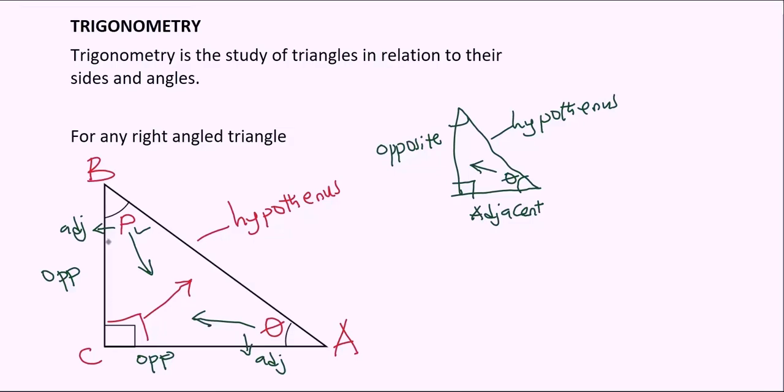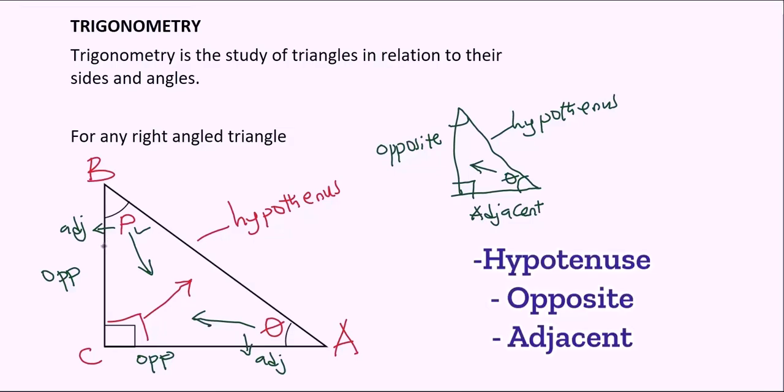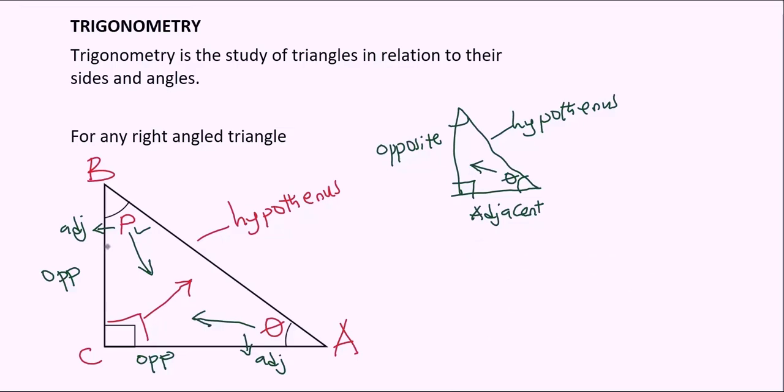So there are three basic things we want to note in a triangle. We need to know the hypotenuse, the opposite, and the adjacent. The hypotenuse is the longest side, or the side facing angle 90. The opposite is the opposite of your reference angle. So if theta is your reference angle, then the opposite is the side facing theta.